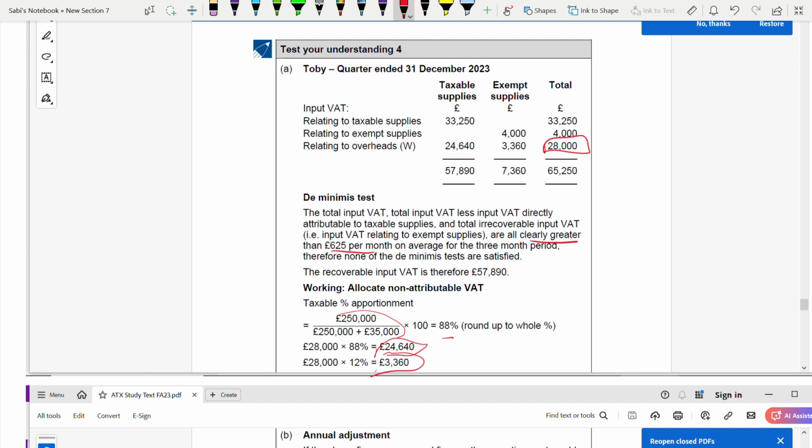If you see these amounts also, you can do it yourself and check. So that means both the tests are not satisfied. This is also quarter ended. Therefore none of the de minimis tests are satisfied. You can check the tests on your own. This is the recoverable amount, but you have to do an annual adjustment.